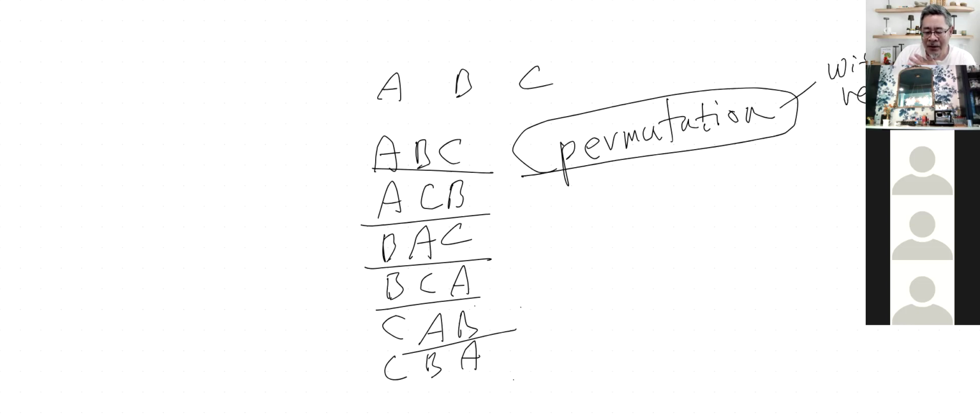The other one is called without replacement. Now, for example, this one is called without replacement, because once you pick one book, you only have two more books to choose from. Once you pick two, you only have one more book to choose from.